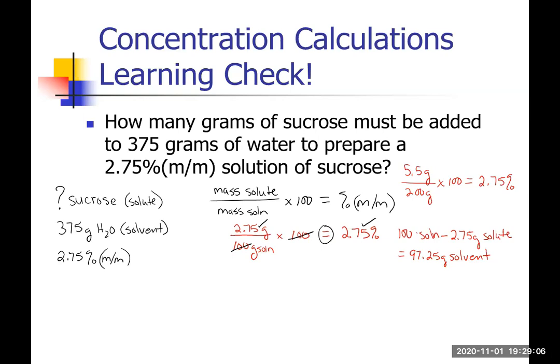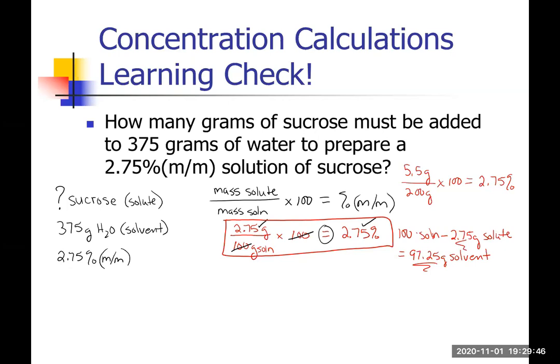I just multiplied the 2.75 times 2 and the 100 times 2. We could multiply each one of those by 10 or 20 or multiply them by 0.5, and they would all give us a 2.75% by mass concentration of our solution. The fact is that I used this one because it's easy to set up and it's easy to get these conversion factors where now I know the mass of my solvent and I know the mass of my solute.